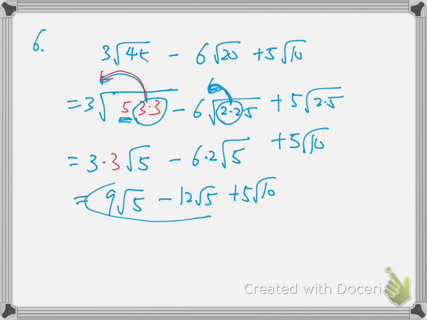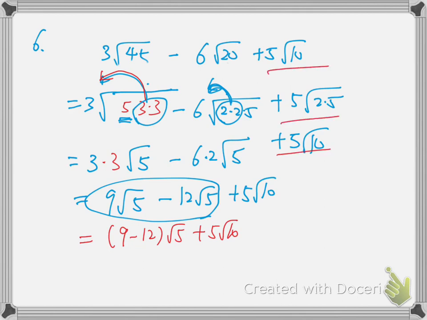Now they are like radicals because they have the same radical 5. Combine like radicals: 9 minus 12 radical 5. This term has no like radicals, so you just leave it. So we got negative 3 radical 5 plus 5 radical 10.